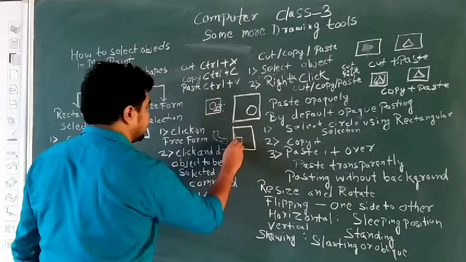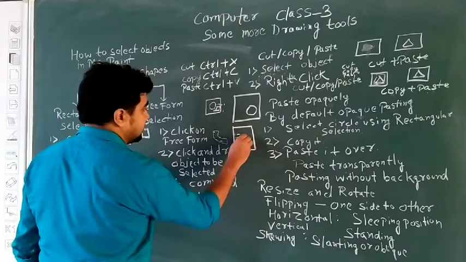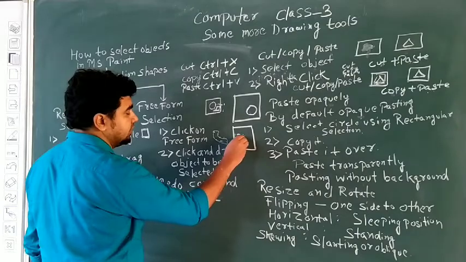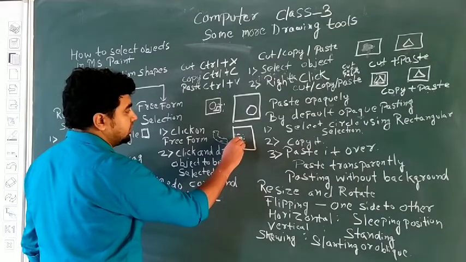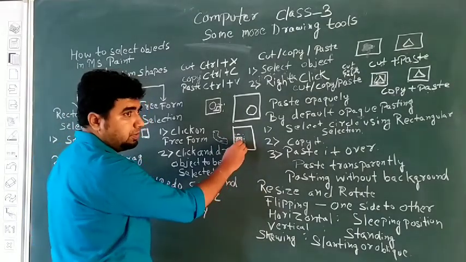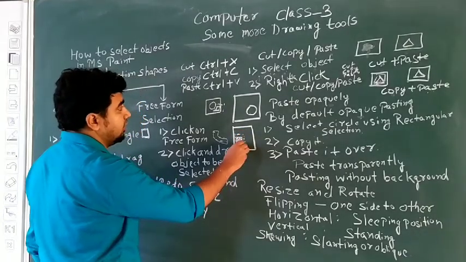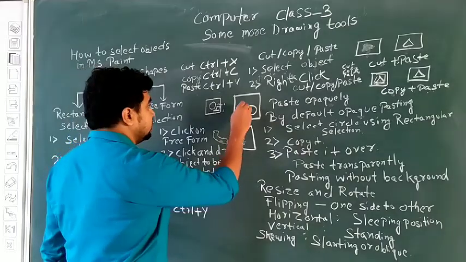So I have to select this part. You are seeing that the green part is also getting selected along with this rectangular part, which I have shown in white color. Now what will happen if I paste over here?